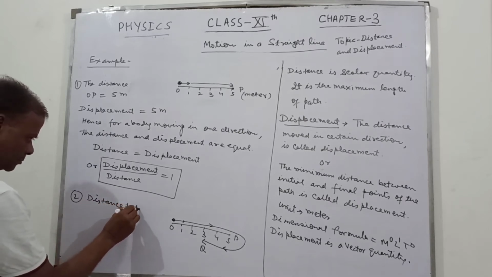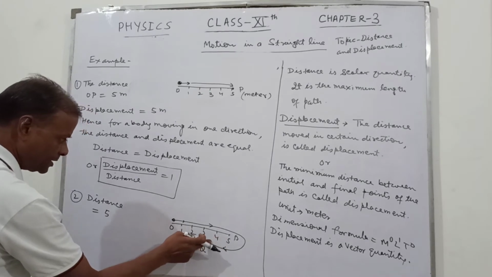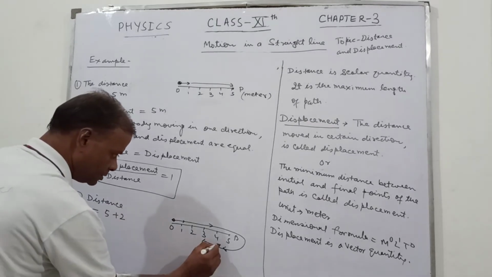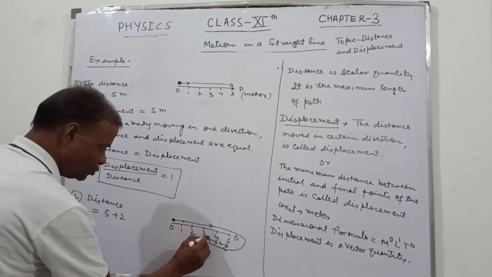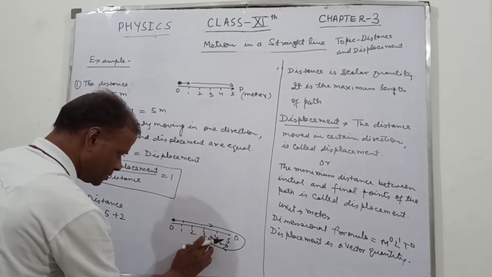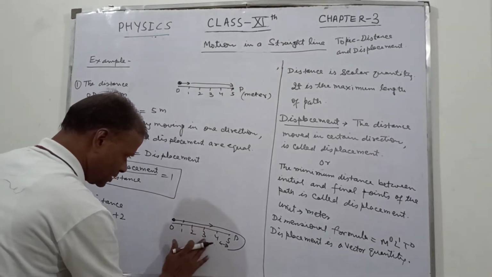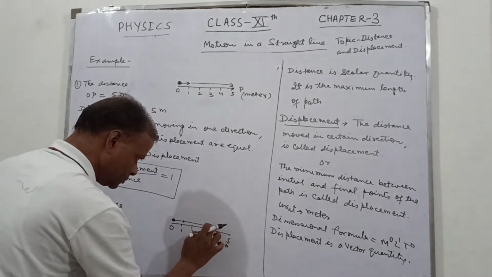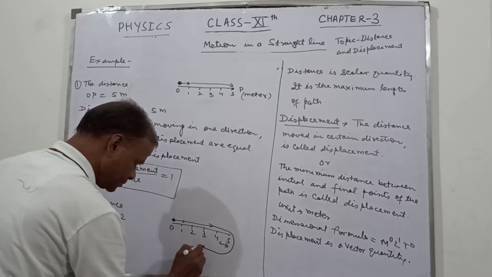Distance is equal to 5, then 1 meter and 2 meter. So 5 plus 2. This much is 1 meter, this much is 1 meter, so 1 and 1 is 2. The body goes and then it comes back.